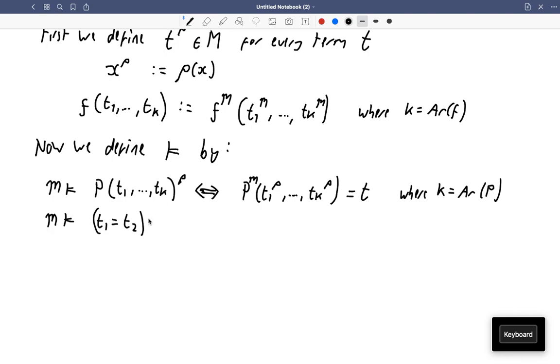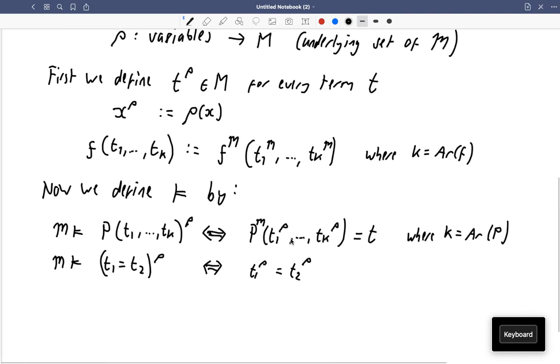Okay, so we want to say when it's the case that an equality is true in the structure M under the environment rho, and that's simply if and only if the element interpreting t1 in the structure M is equal to the element interpreting t2 in the structure M.